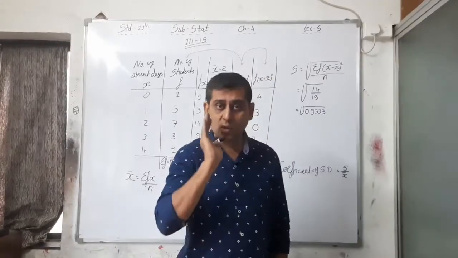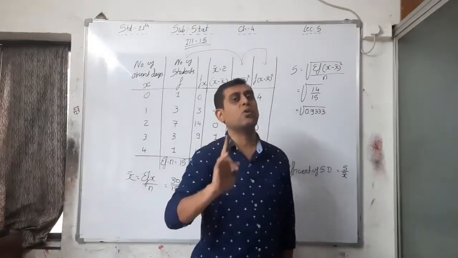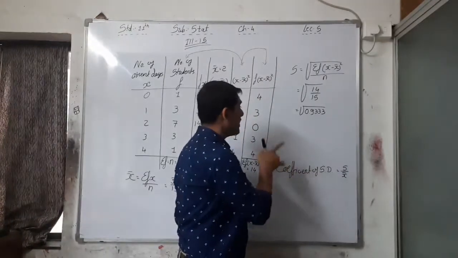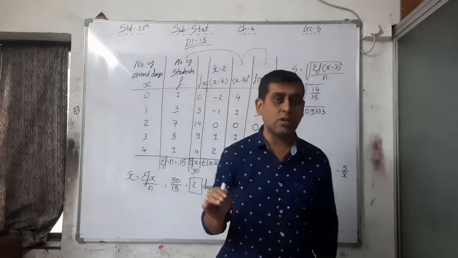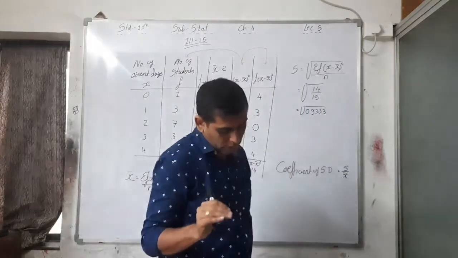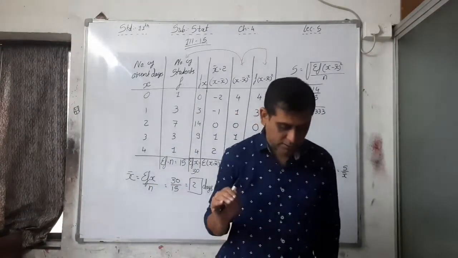And if it is not inside the square root, then you have to write only 2 digits. Okay, see, what is the square root? The square root of 0.9333 is here 0.9661.